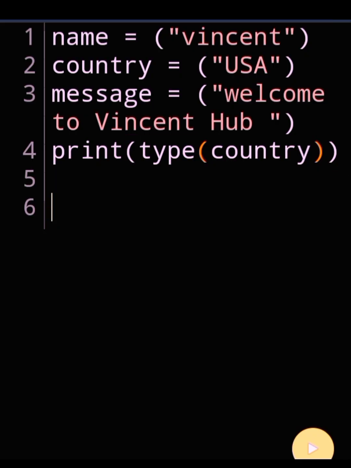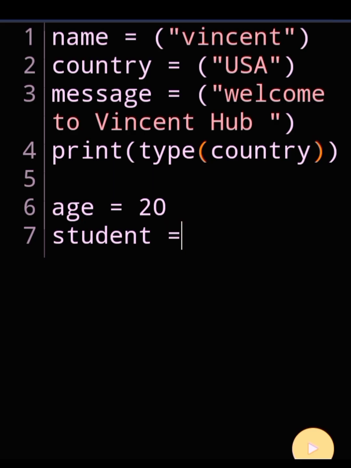So that's all for string. Let's move forward to integers. We'll say that an integer is a whole number. Mathematicians call them whole numbers, but we programmers call them integers. Let me say I have a Python code that says age equals to 20, student equals to 100, year equals to 2026.